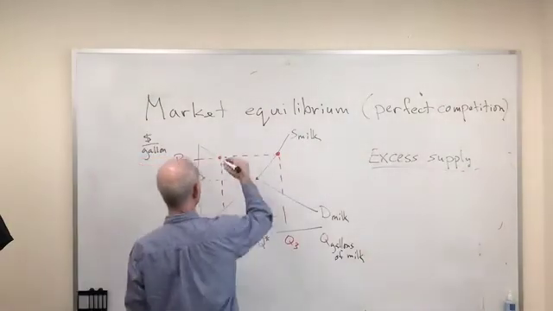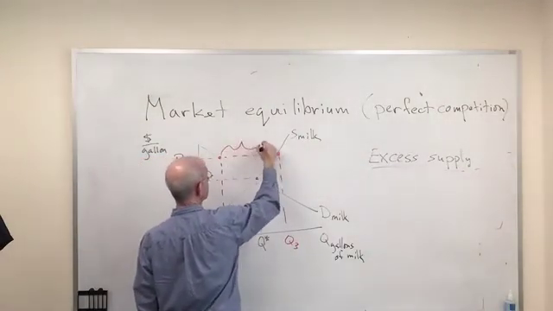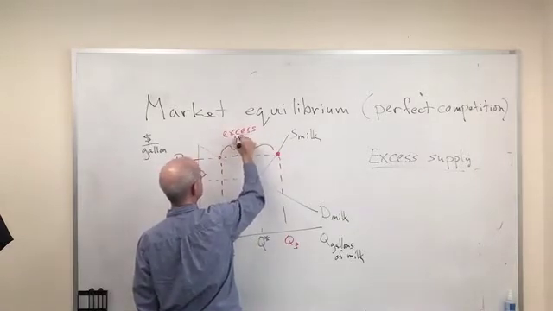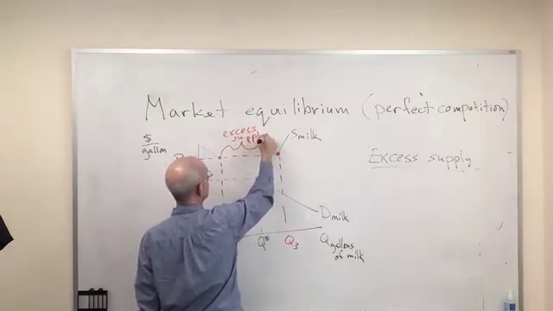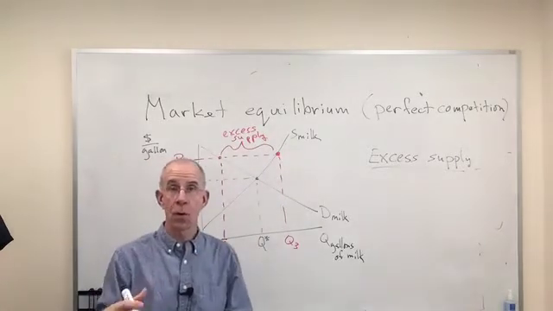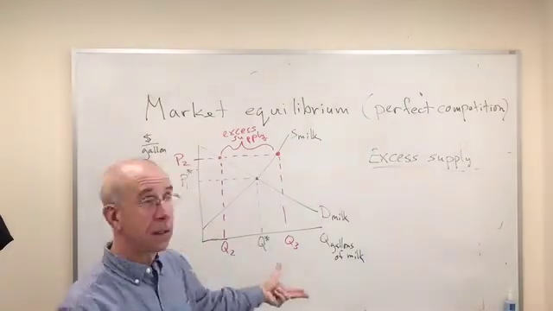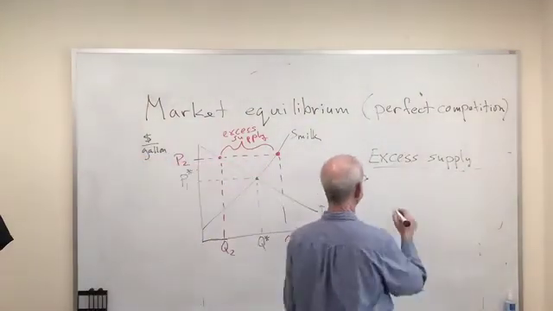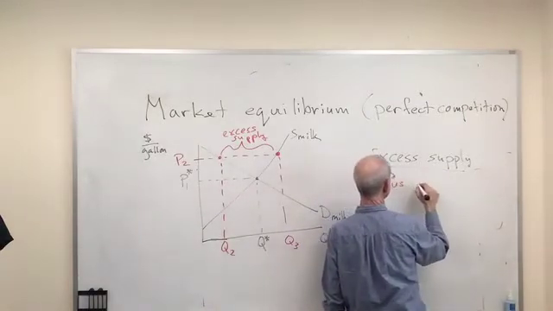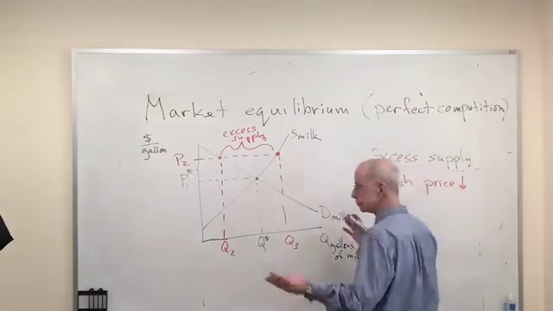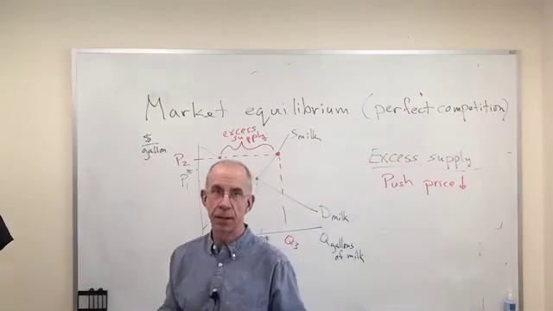And the difference between these two is excess supply of milk. There's more milk that is being supplied than is being demanded by consumers. That will push the price down. Okay, simple supply and demand, but just a reminder.